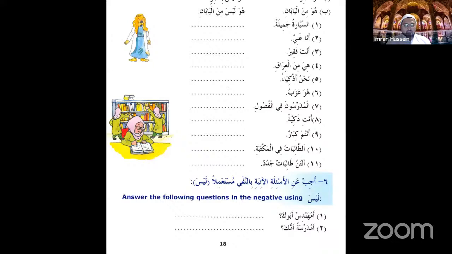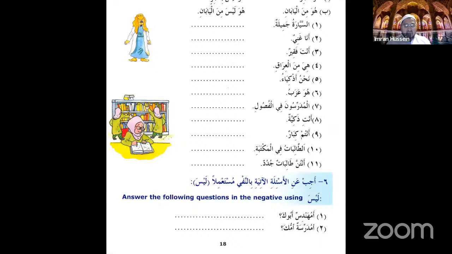The talibatun, in the state of raf', gets a dhamma tanween. And in the state of nasb and jarr, when it's an object, a noun normally gets a fatha tanween, but this sound feminine plural, instead of a fatha tanween, takes a kasra tanween in the genitive case, in the mansub and majroor case.